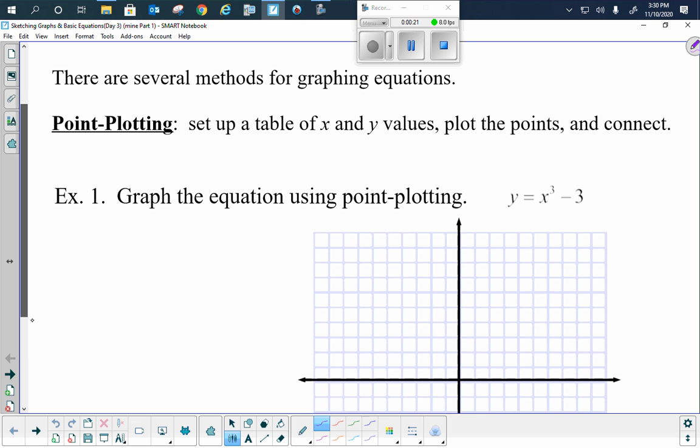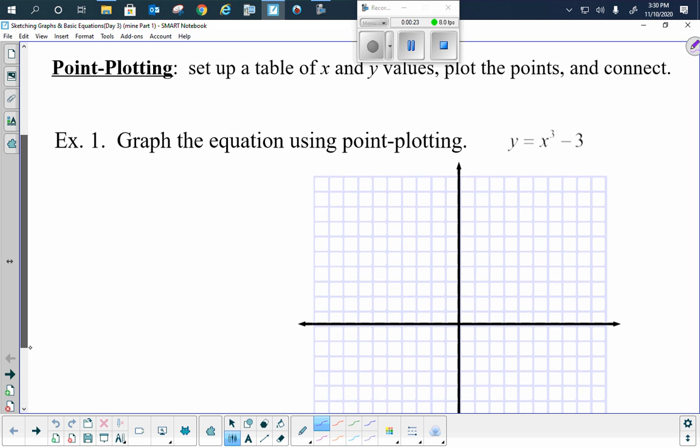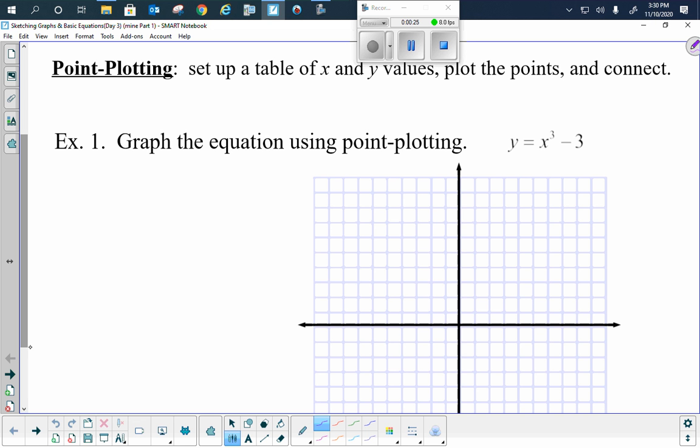If you're ever looking at a graph of something that you don't know, like maybe you don't know for sure what a cubic looks like, let's use some point plotting here. If I just set up an XY chart and plug in some numbers, plugging in 0 for x gives -3 for y.